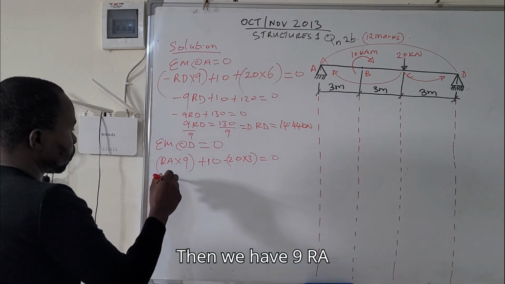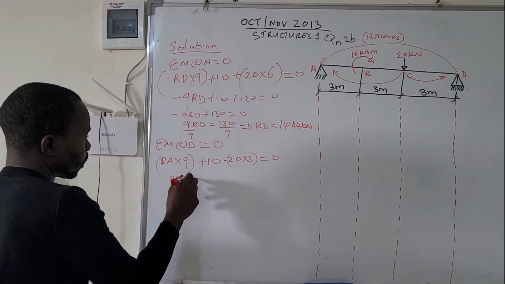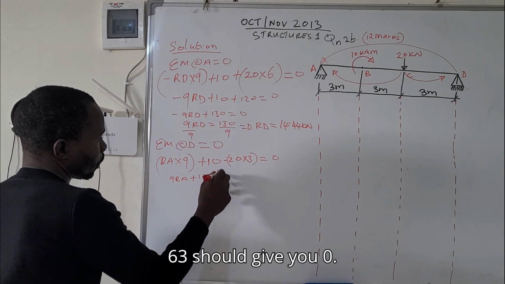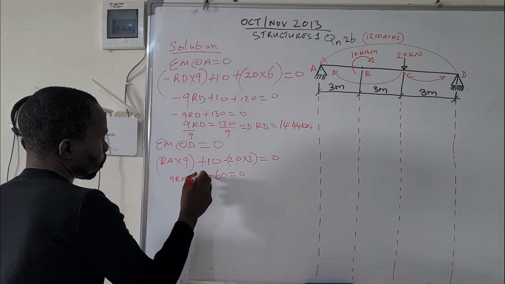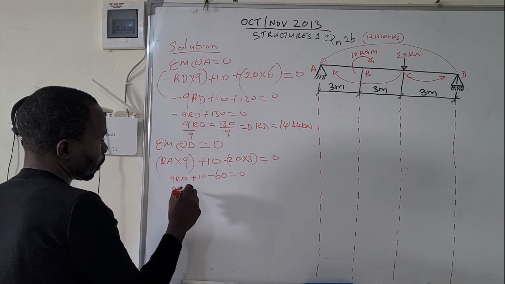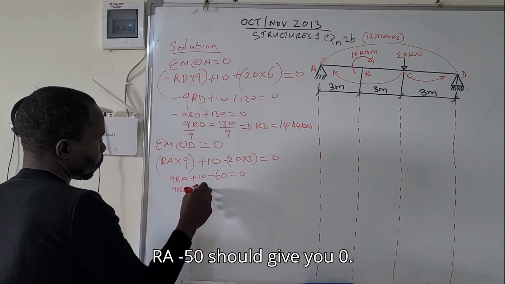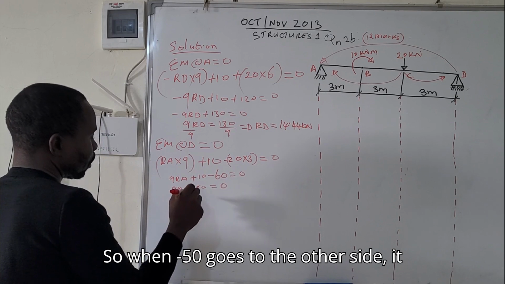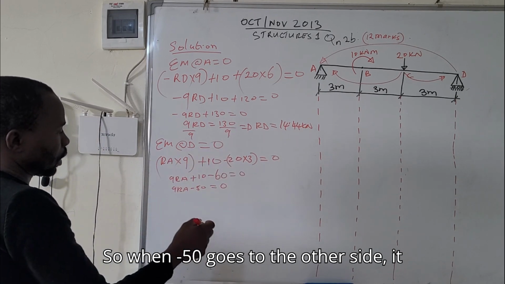Then we have 9 RA plus 10 minus 60 should give you 0. So 9 RA minus 50 should give you 0. When negative 50 crosses to the other side, it changes sign.